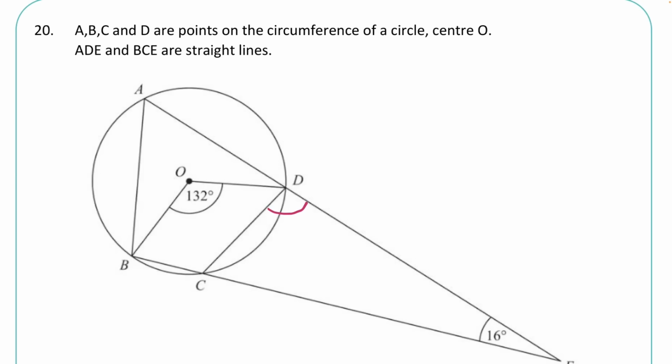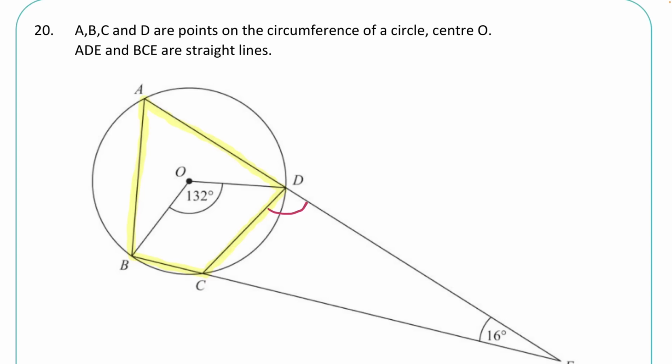And we are looking at a few circle theorems here, potentially. Now it says A, B, C and D are points on the circumference of the circle. So straight away that stands out to me because this creates a cyclic quadrilateral. So if we have a cyclic quadrilateral, then those opposite angles are going to add up to 180. However, we don't actually have any of them.